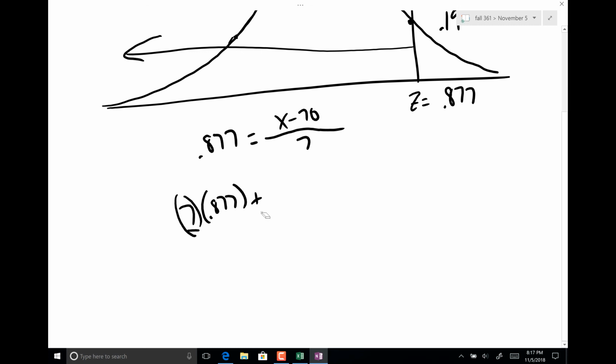Above the mean. That's literally what you just told me. Here's the mean, and you are 0.877 standard deviations above it. That's literally what you're saying. And that comes out to be 75 point something? 76? 76.1. Good enough.